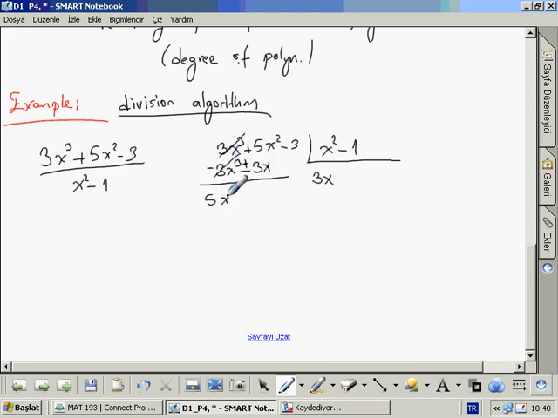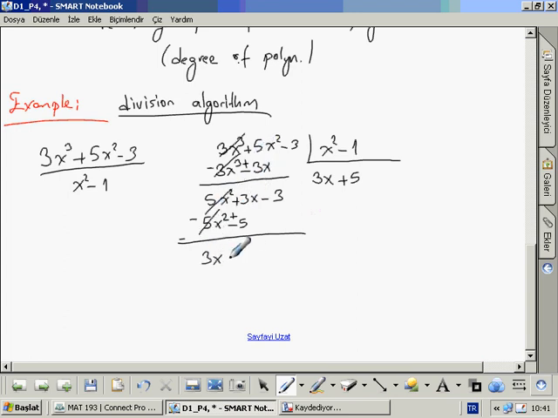So 5x squared, and plus 3x minus 3, and now you can write plus 5, because when you multiply it by x squared, you will obtain 5x squared and minus 5. When you subtract, the signs will be changed, so this part will be cancelled.